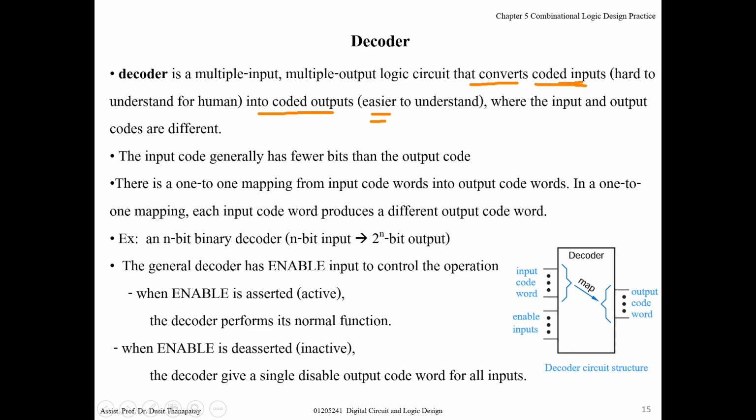For example, in the binary system, 1101. Do you know the value in decimal? Someone knows, someone not, right? So this one is what? It's 13 maybe.